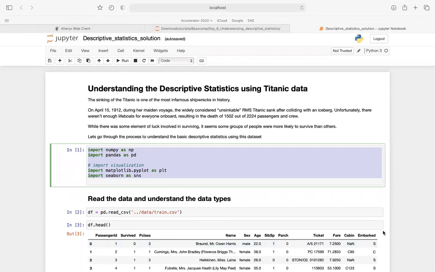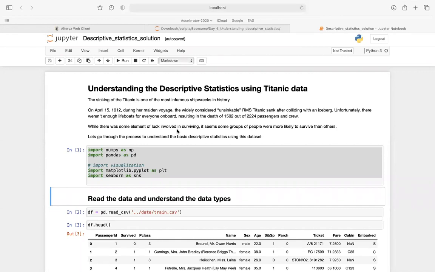Have you all imported, guys? Awesome. The next obvious step for us is to read the data.